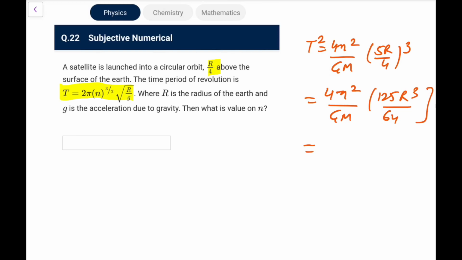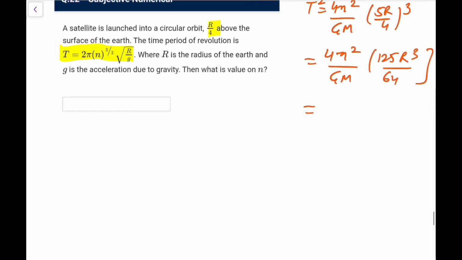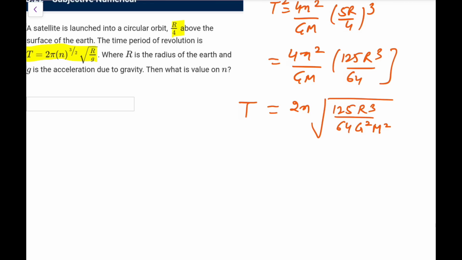So this is what we will get, if I take the root, this will become 2 pi, and if I take everything here, it is 125 r cube upon 64 GM. And what we can say, GM by r square is small g, so 2 pi under root of what we are having, 125 by 64, and I can write it as r by g.